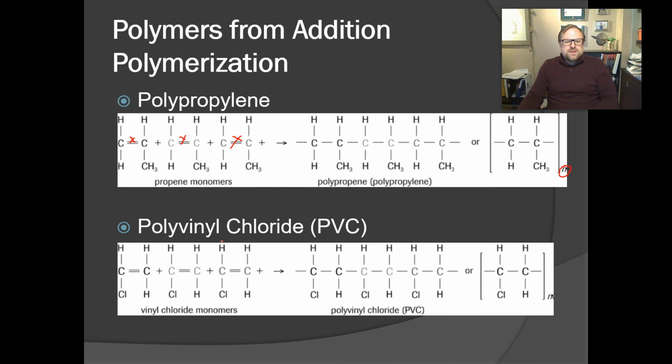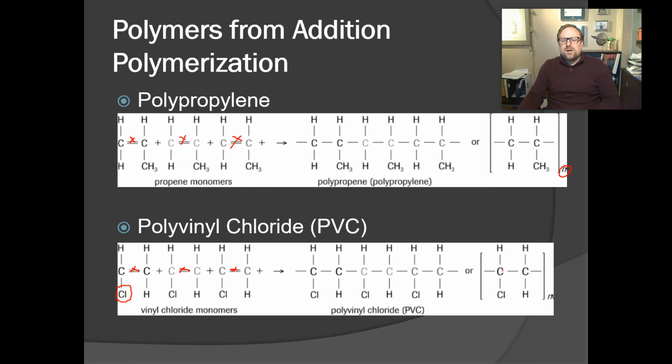Another example of this would be polyvinyl chloride, which is created by taking chloroethene. So you can see your chlorine atom down here, and we would just go through and break these double bonds, freeing up a bonding electron on each of the carbons, allowing them to be stuck together. And here is our monomer unit stuck together N times.